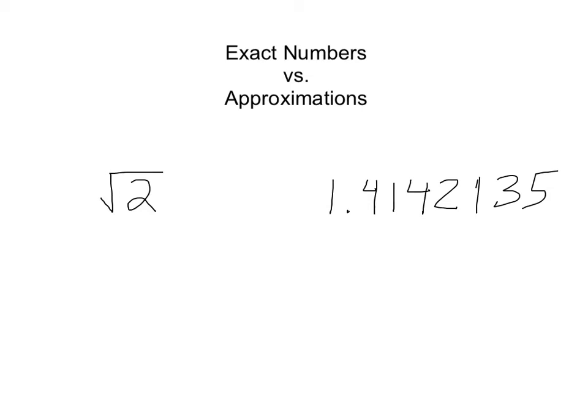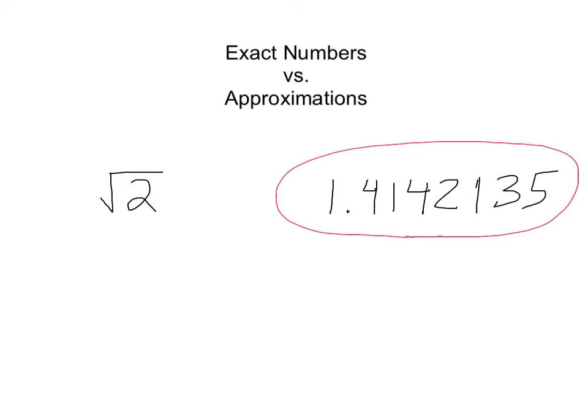Now if I asked you which of these two, the square root of 2 or 1.4142135, is an exact number and which is an approximation, I imagine a lot of you would say that this one is the exact number because it's got so many decimal places. It's got to be so specific and so detailed, when actually that is the approximation.